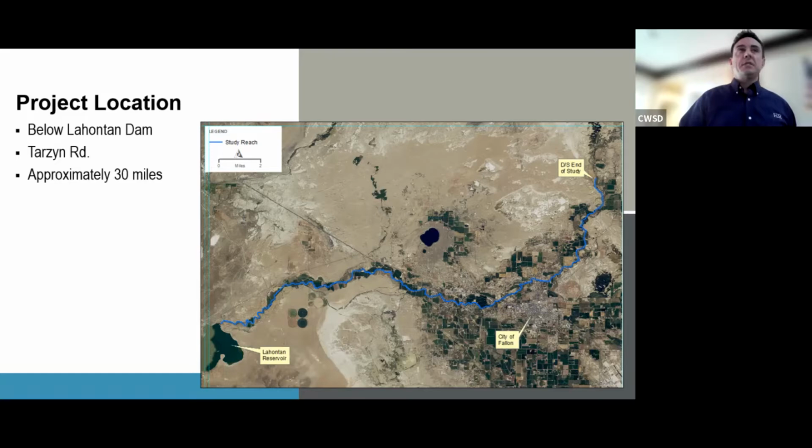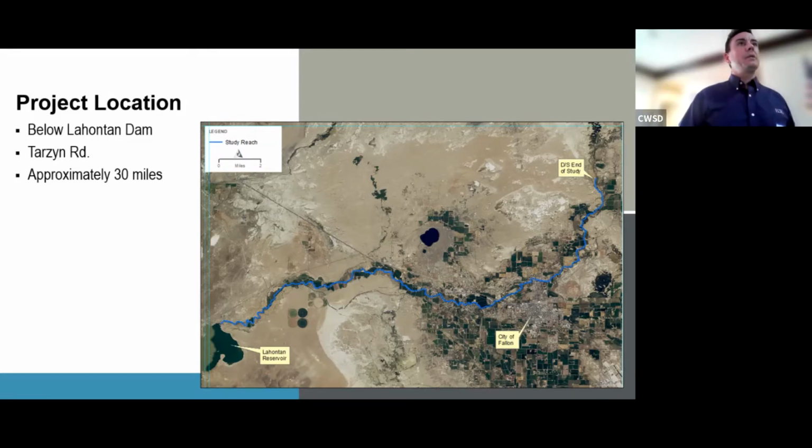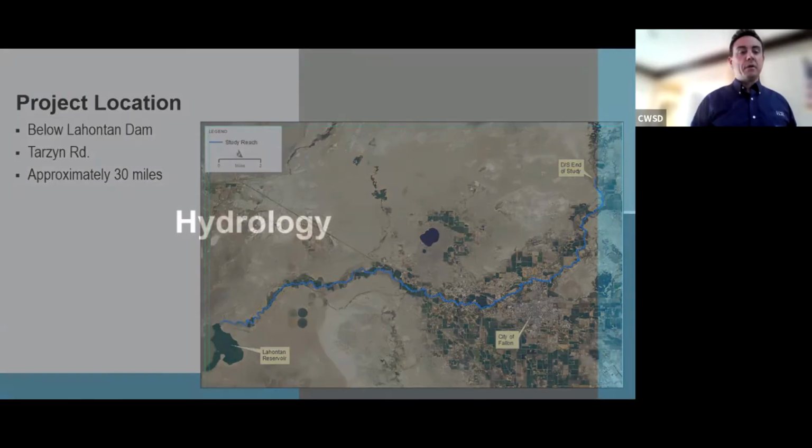And I should note that this concludes an 8 or 9 year effort remapping the entire Carson River. So this is the conclusion from Alpine County down to below Lahontan. This will be the conclusion of remapping the Carson River.